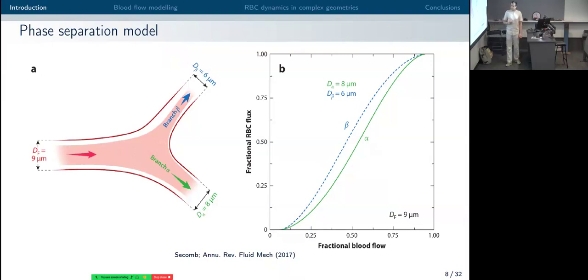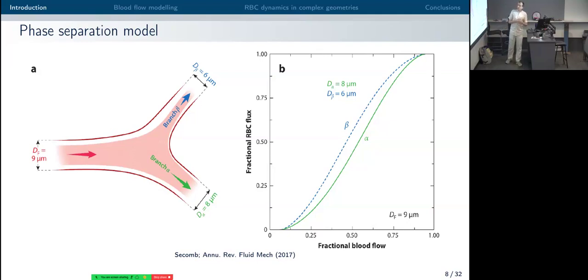And you would naively expect, if you plot the red blood cell fraction going into each branch versus the total suspension fraction, a straight line going from 0,0 to 1,1, because you would have this if you had a perfectly homogeneous suspension at every scale.